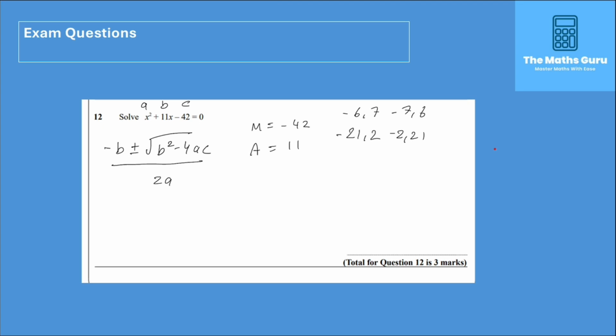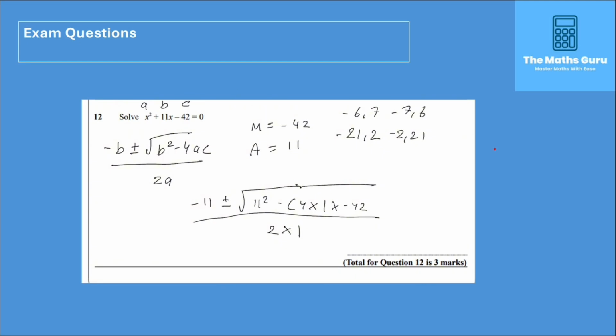Now, we notice that 11 is our b, so minus 11 is going to be our negative b, plus or minus the square root of b squared, which is going to be 11 squared, minus 4 times 1 times negative 42. Then we do 2 times 1, and then we plug this into our calculator.